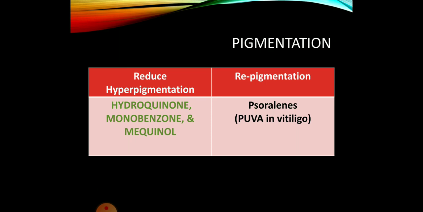But if you use tretinoin derivative or a derivative like corticosteroid, it may lead to irreversible hypopigmentation due to the adverse drug reaction of the drug. So you must be very, very careful while selecting a therapy for reducing hyperpigmentation in patients.